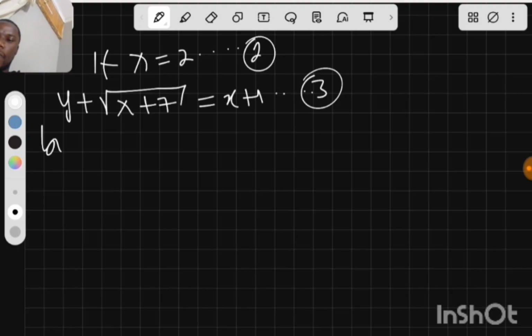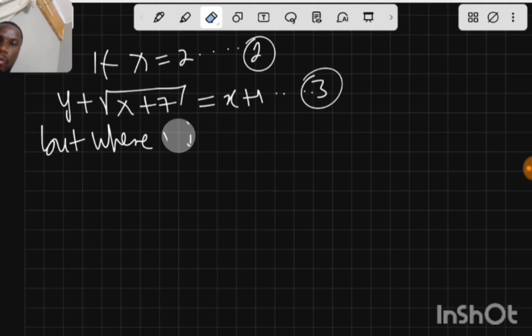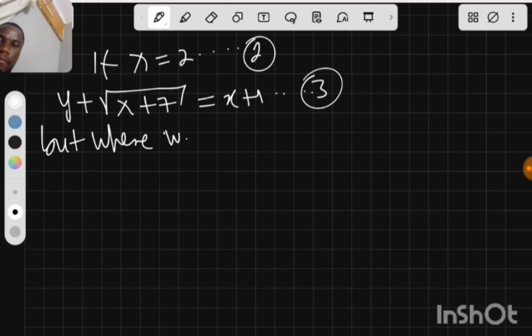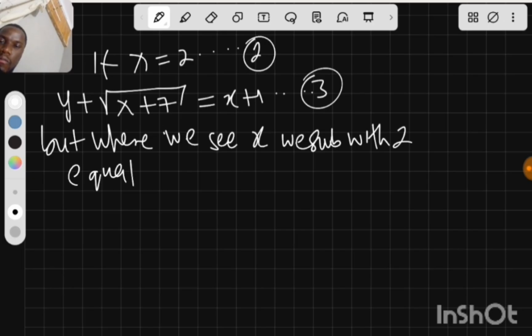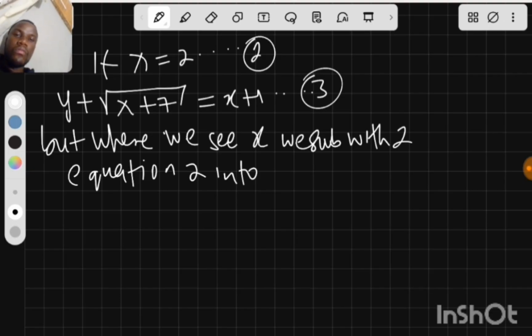Where we see x, we sub with 2. Equation 2 into 3.